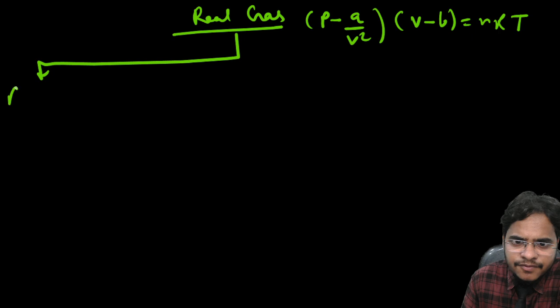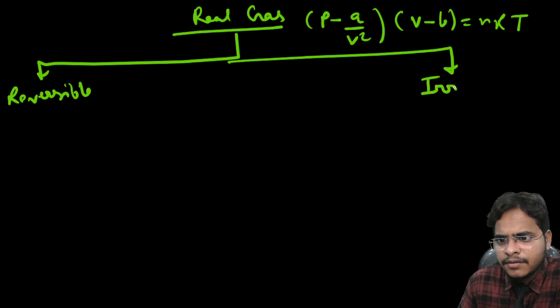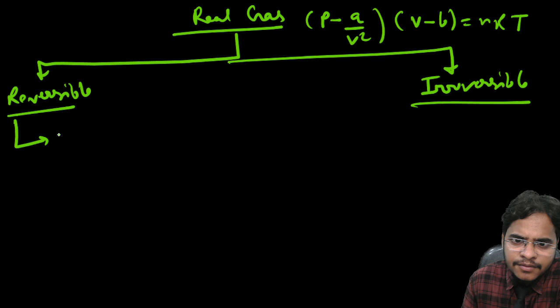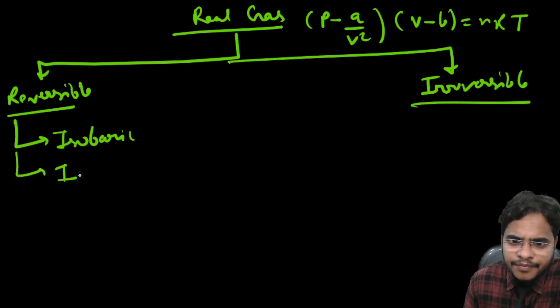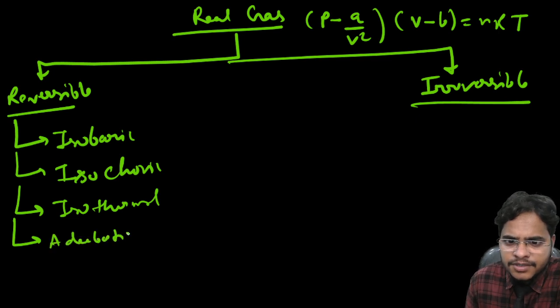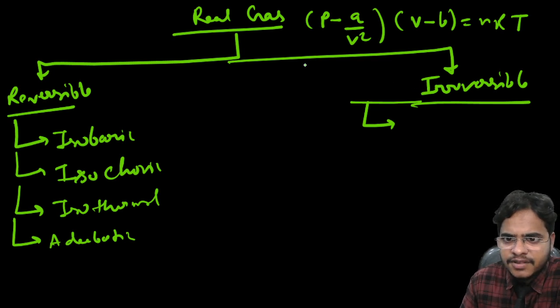For the real gas, we have reversible and irreversible processes, and we calculate for the same: isobaric process work done, isochoric process work done, isothermal process work done, and adiabatic process work done for the real gas. We also calculate work done for the irreversible process for the real gas for what?